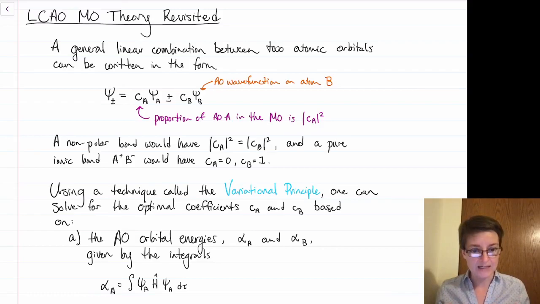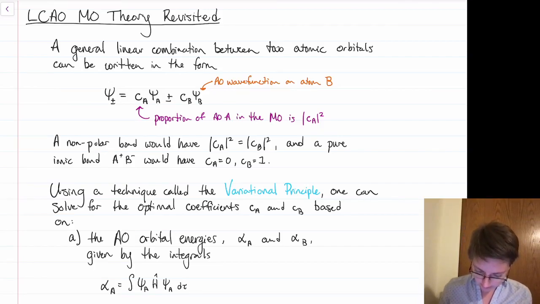We're going to now relax that restriction and see what in general can tell us the relative weighting between coefficient A, which tells us how much time the electron is spending nearby atom A on A's wave function, and how much of its time it should be spending on atom B, dictated by the magnitude of CB.